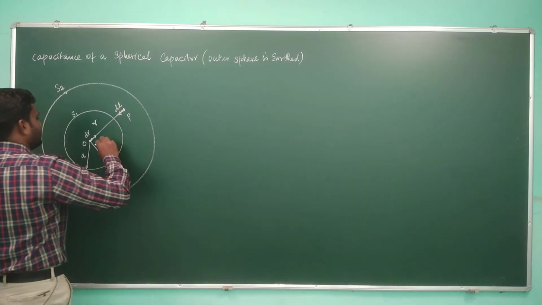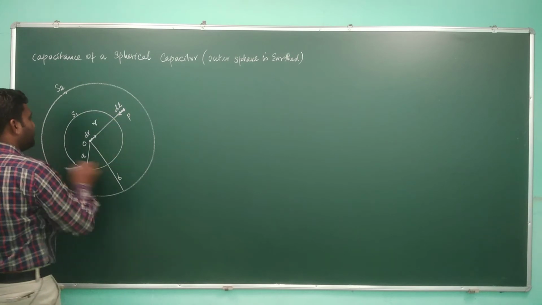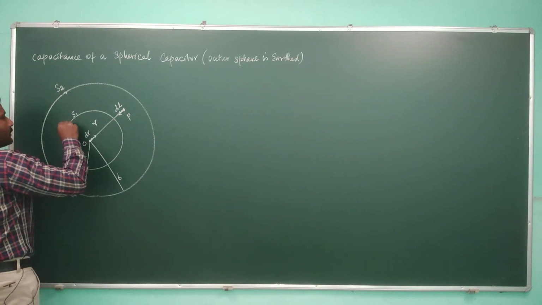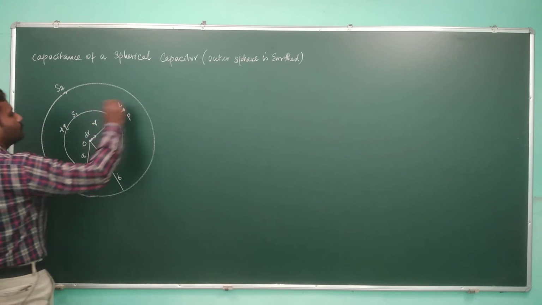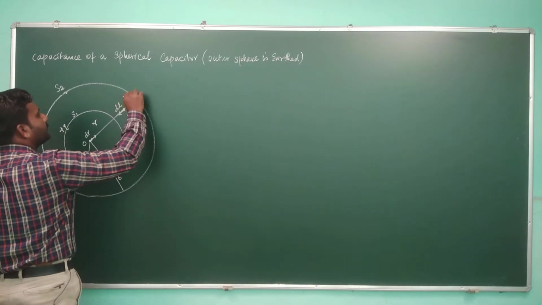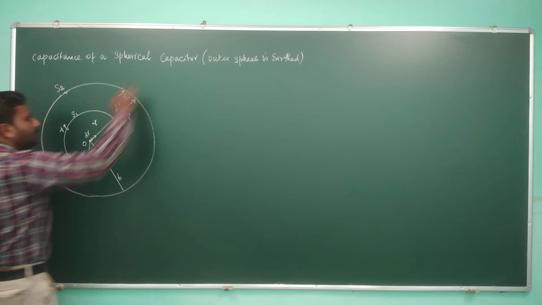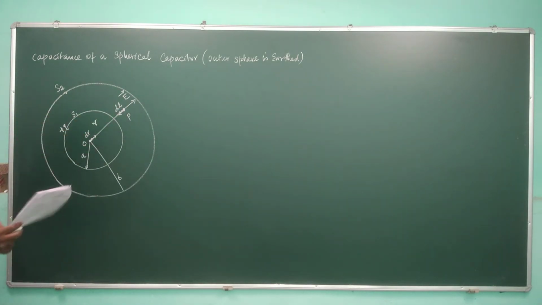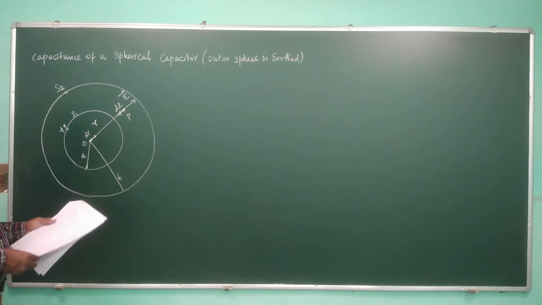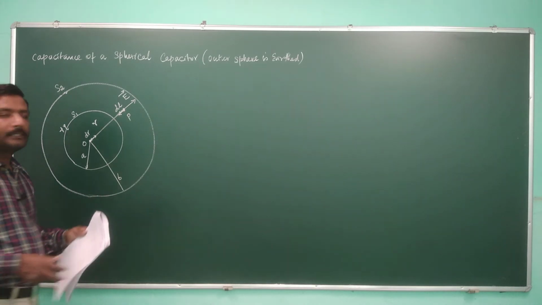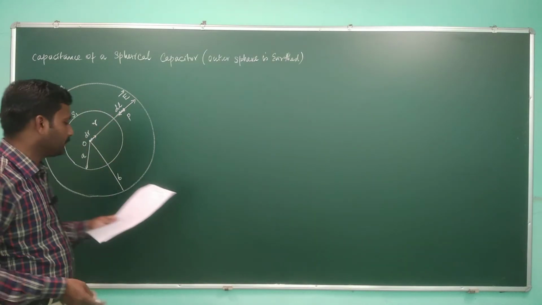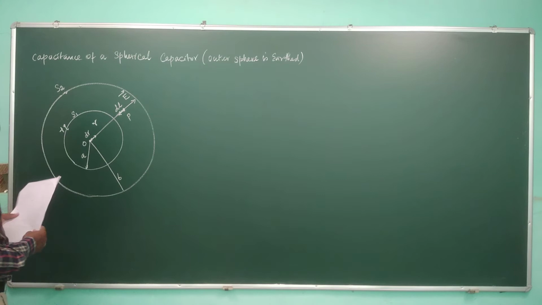The internal sphere has a charge plus q, and due to that there will be a field, and that electric field component is directed outwards. Always the electric field component will be directed normal from the surface of the conducting medium. Here the medium is a sphere. At any point this electric field E will be directed outwards. And this is the situation.